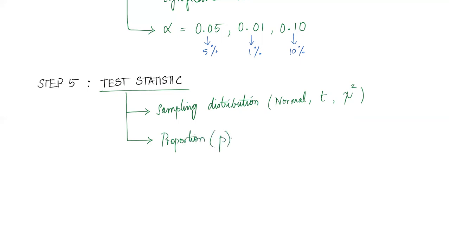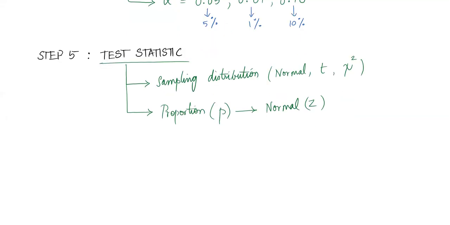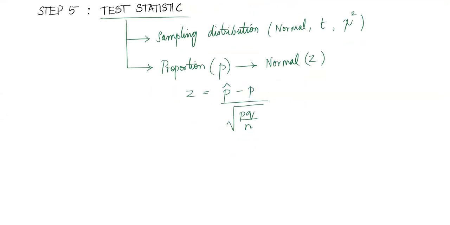Of course, you have to do all the requirements and everything, but this means we are using normal, the Z, right? And Z here means your formula is P hat minus P over square root of PQ over n. That's the formula that's given to us.